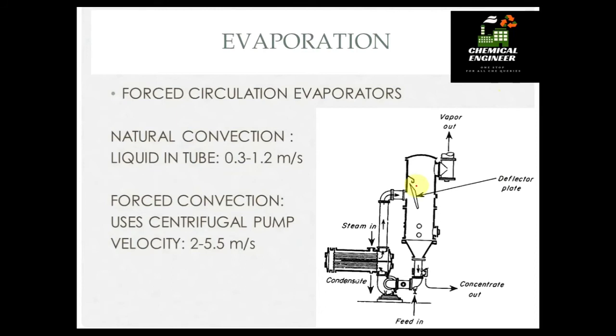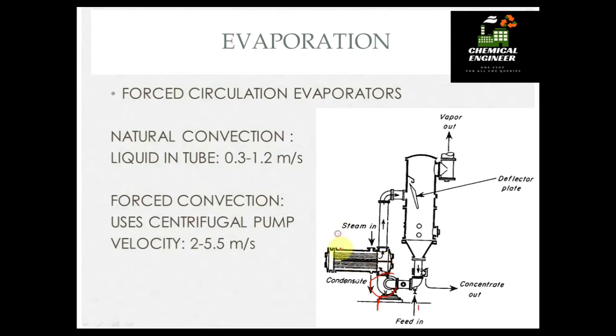Next is the forced circulation evaporator. The schematic is simple. The only difference is that here we use a centrifugal pump to create forced convection. When the feed goes into the pipe, it is passed through this centrifugal pump.